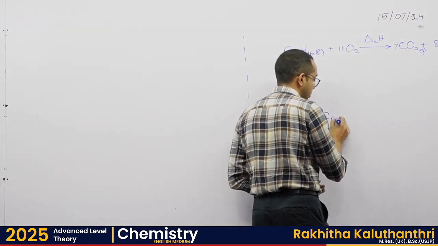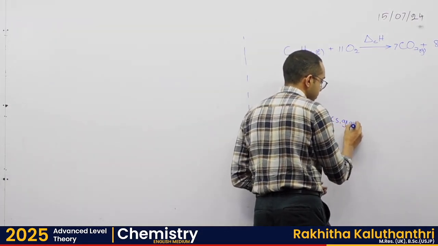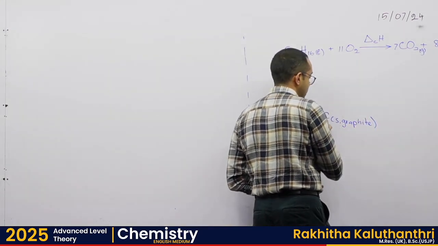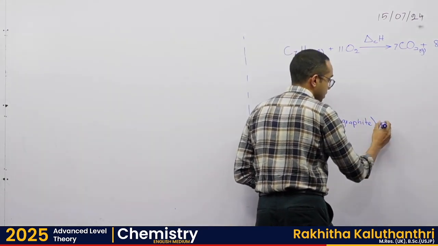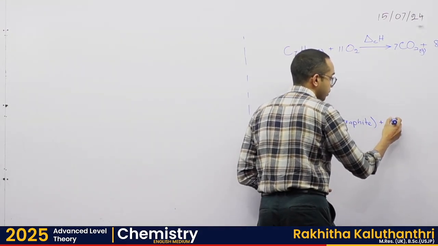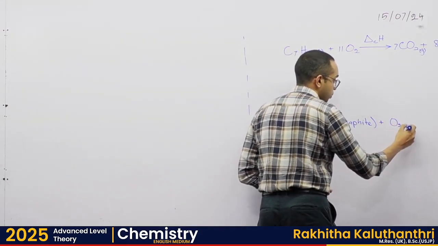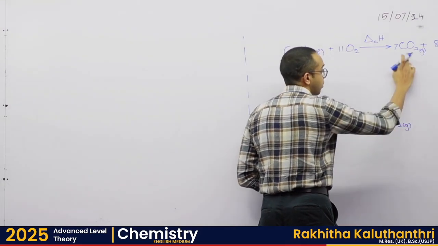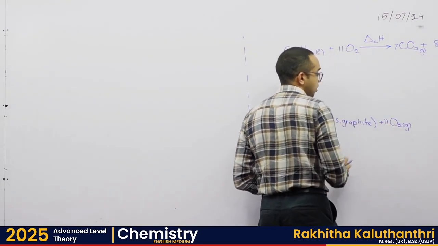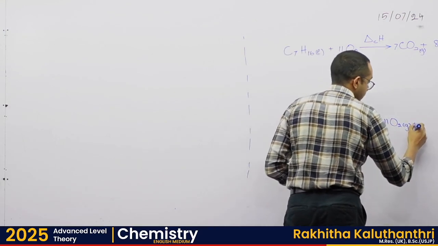So we can write carbon, solid, graphite. We need 7 of these, plus we'll need oxygen, so we write O2 gas. Since we are forming both this as well as water, we will be needing exactly 11 O2 molecules.